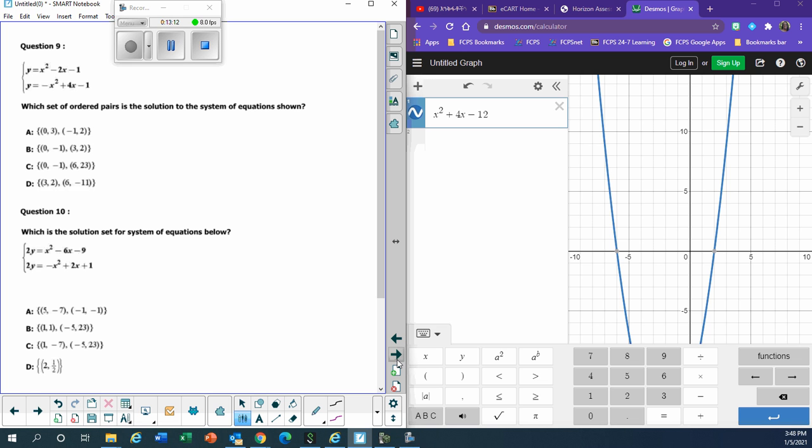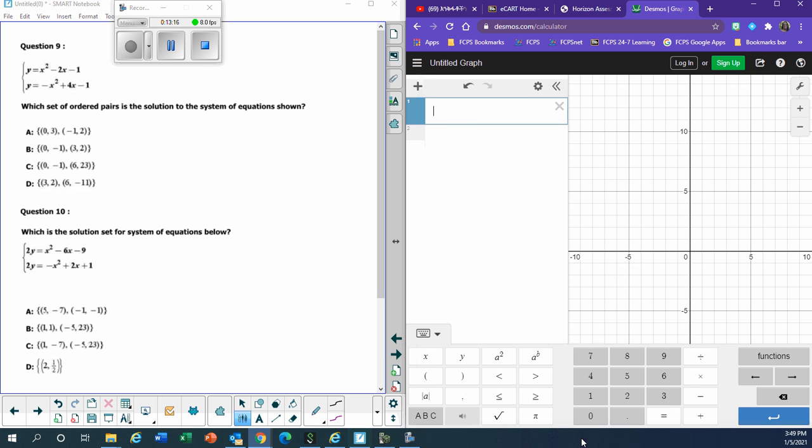Okay, number 9, this is systems of equations. So now I have two equations, which is fine. y equals x squared, right? x squared, no, I messed up. y equals x squared minus 2x minus 1.